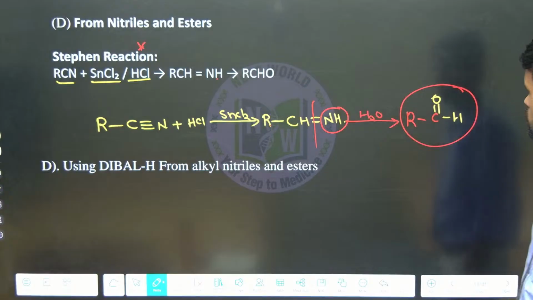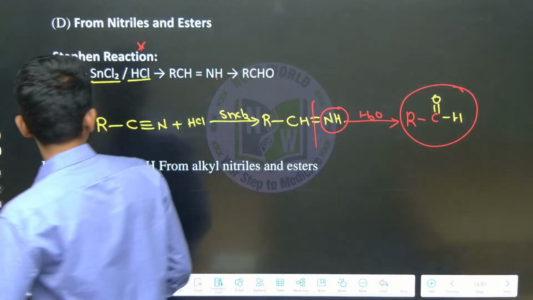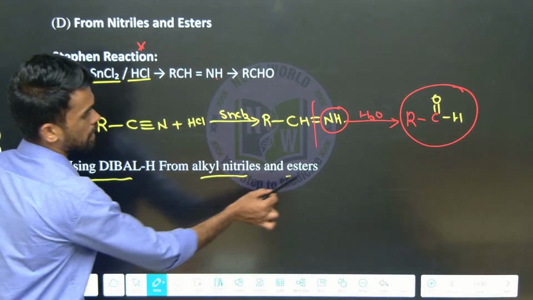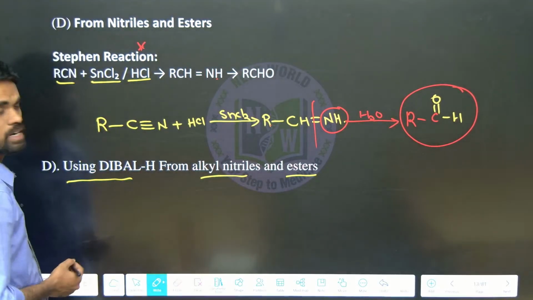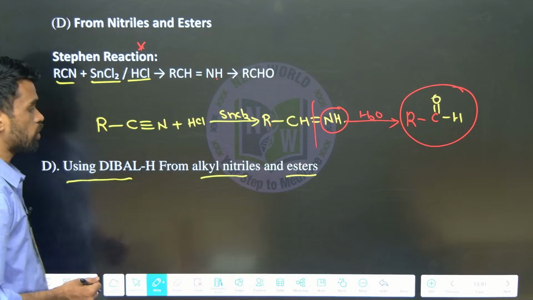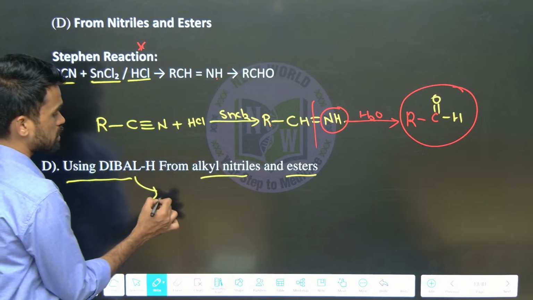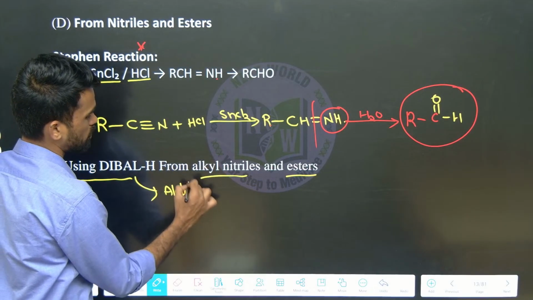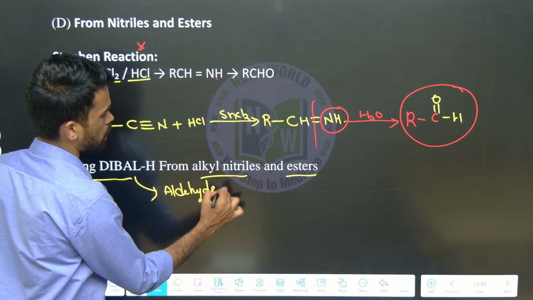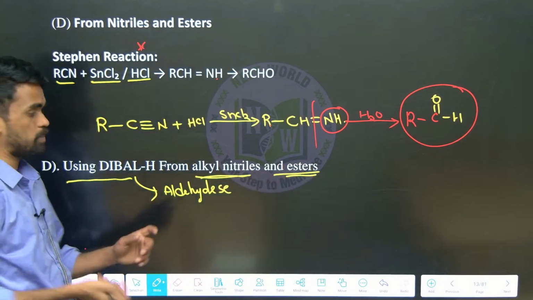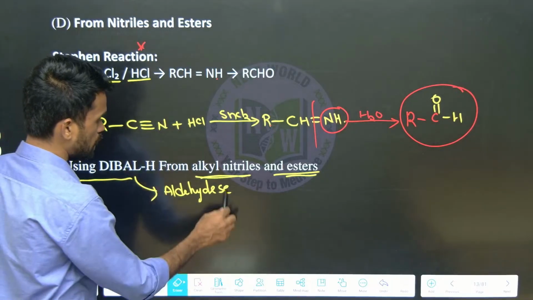Next, using DIBAL-H, for alkyl nitriles and esters. DIBAL-H is diisobutyl aluminium hydride. This will convert alkyl nitriles to aldehydes. Alkyl nitriles and also esters, both of them will be converted into their respective aldehydes.